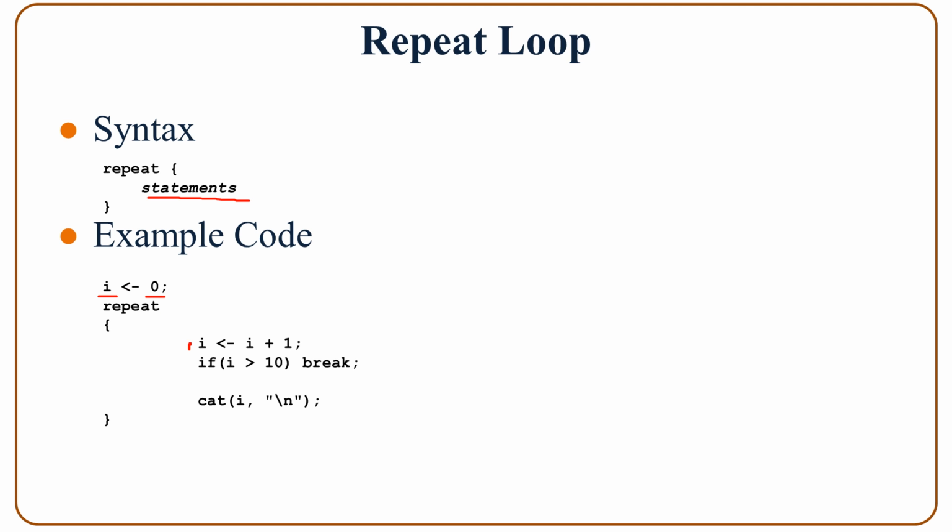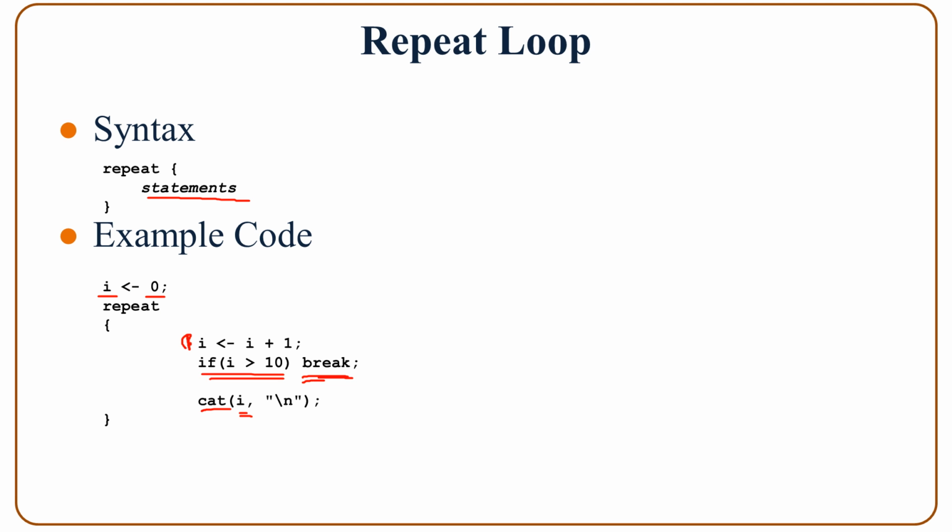So you use it to break the repeat loop. And here you use the cat function to print the value of i, and also after printing you want to enter the next line. You print i to the screen.